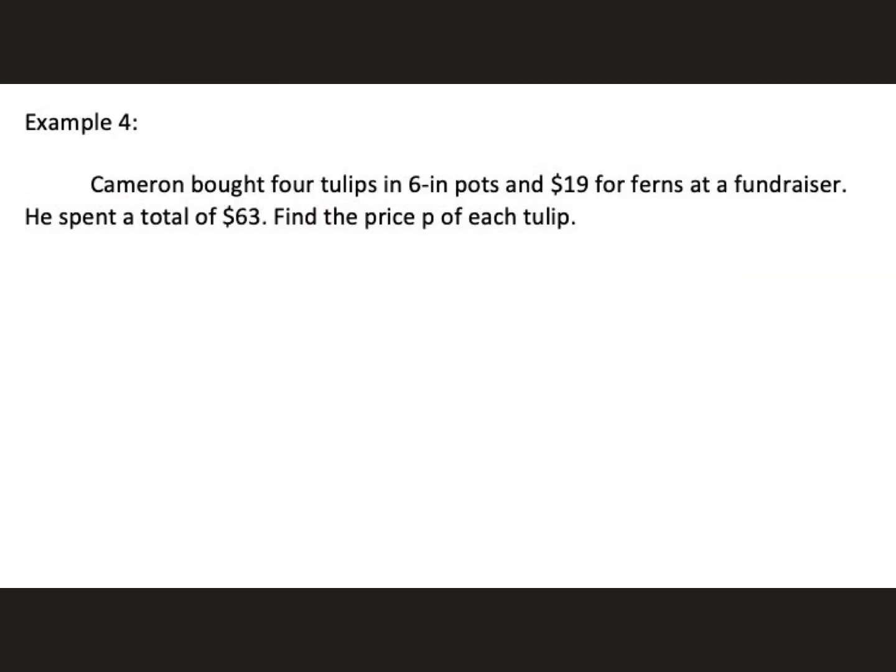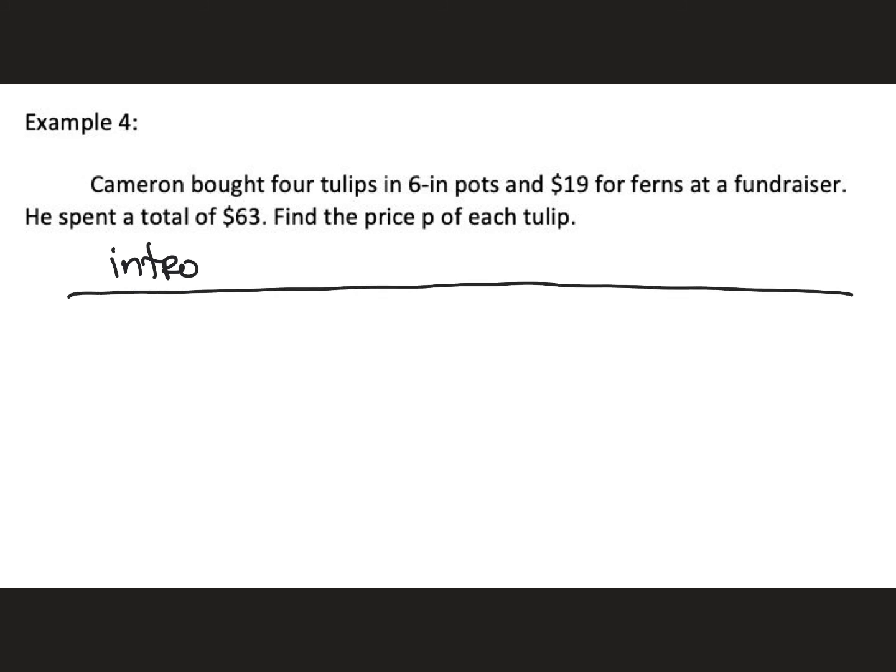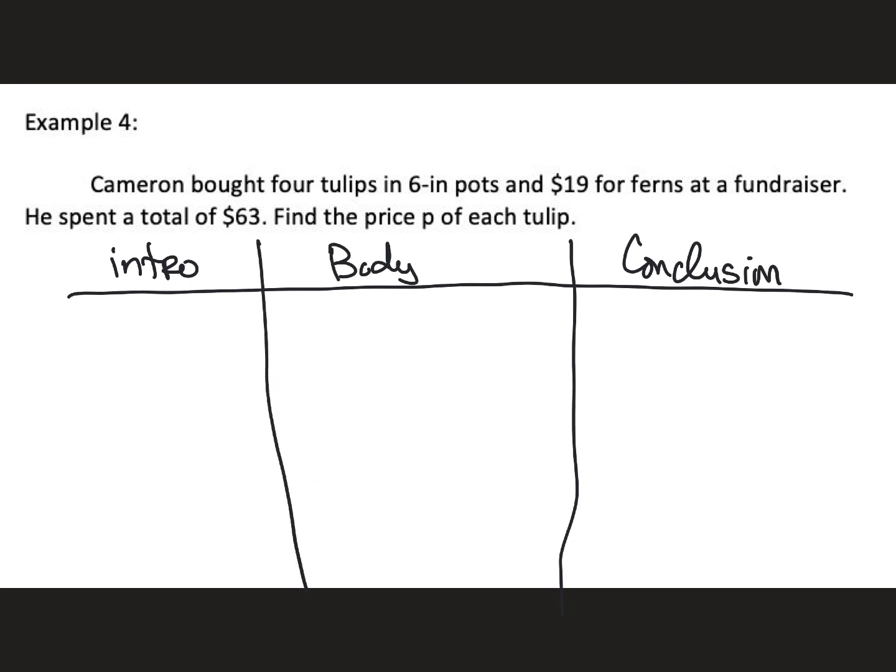All right, example number 4. Again, we are looking for our intro, our body, and our conclusion. All right, so let's read the question. Cameron bought 4 tulips in 6-inch pots and $19 for ferns at a fundraiser.